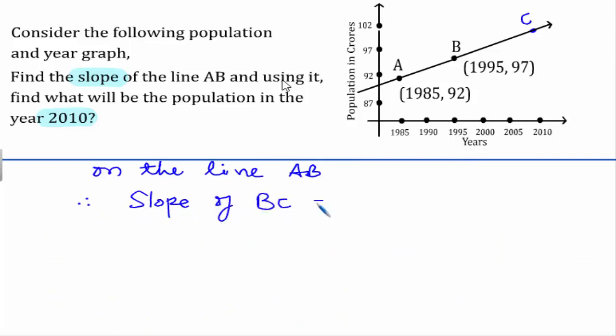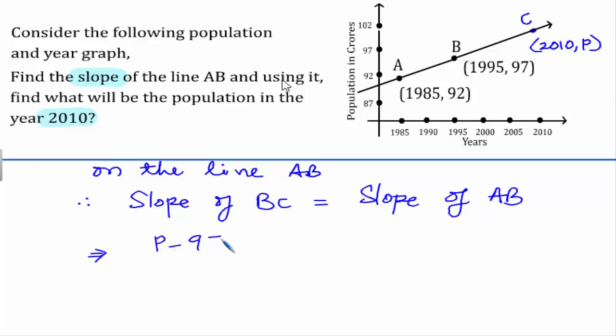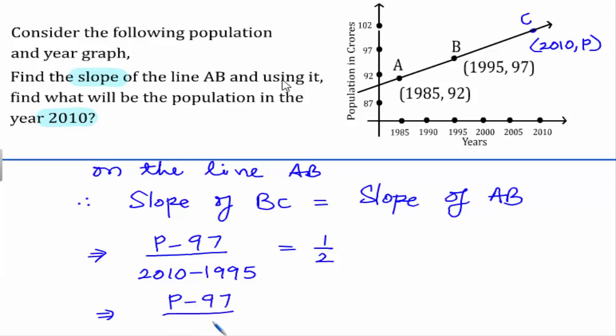Slope of BC is equal to slope of AB. Now, using the formula, let us find out the slope of BC. Here the coordinates are 2010 and P. So it would be P minus 97 by 2010 minus 1995. That will be equal to half. So if we simplify further, we get P minus 97 by 15, that is equal to 1 by 2.